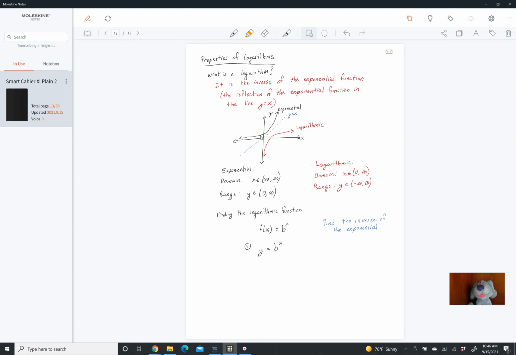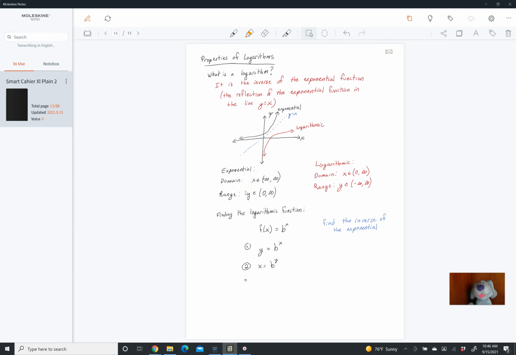Okay. The second thing that we're going to do is we're going to do that flip. We're going to replace x with y and y with x. Okay, so now we have x equals b to the y. All we did was switch the x and the y here.